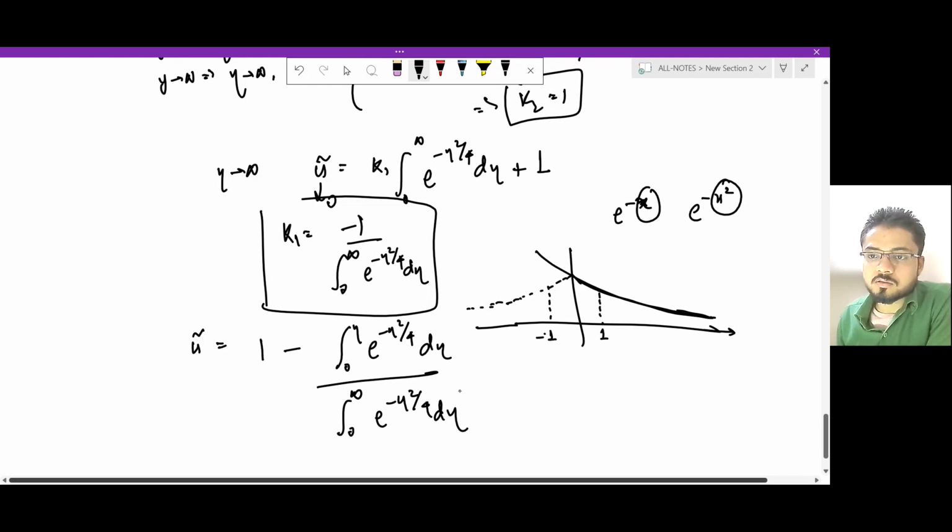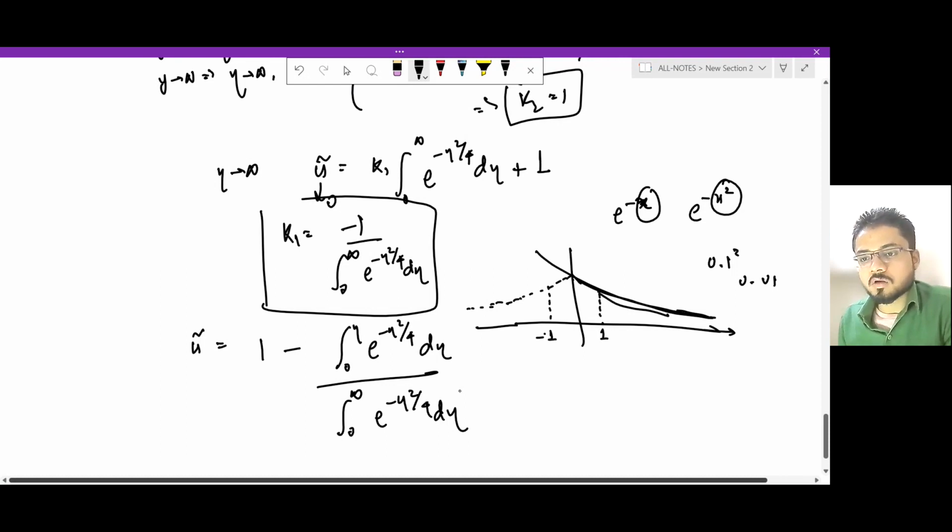So beyond 1, this will decrease very sharply. And before 1, it would definitely increase, but the rate would not be as sharp as this one because 0.1 squared would be 0.01.